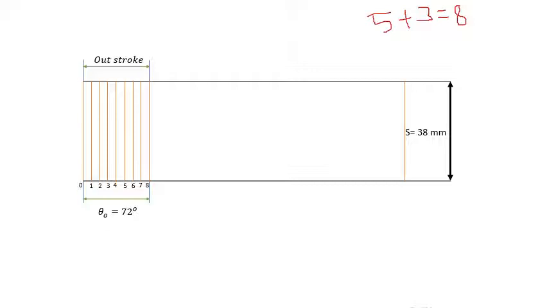Since this outstroke is by SHM, we have to draw the semicircle. So find the midpoint of this vertical line. Keeping the center at this point, take the radius and draw a semicircle. Next, divide this semicircle into the same number of equal parts, so we divide it into 8 equal parts.